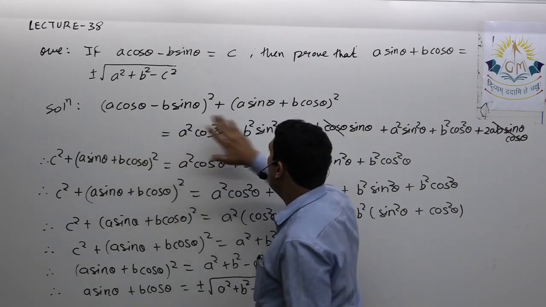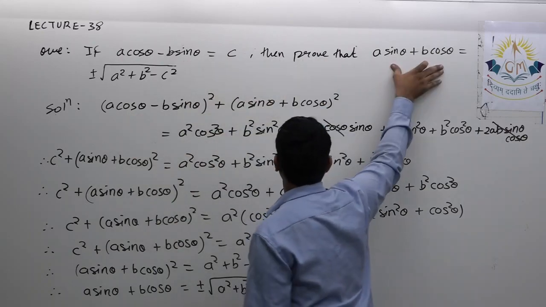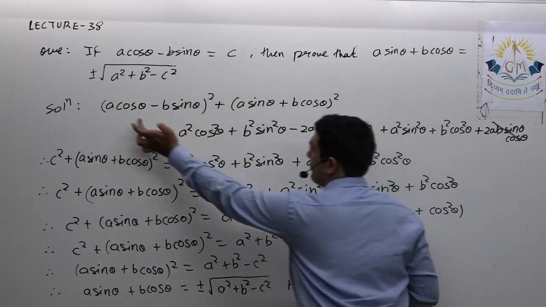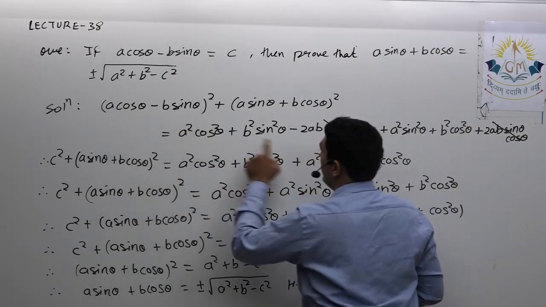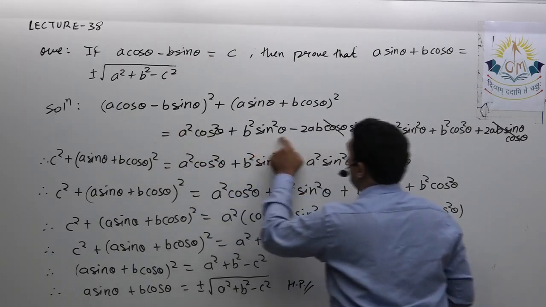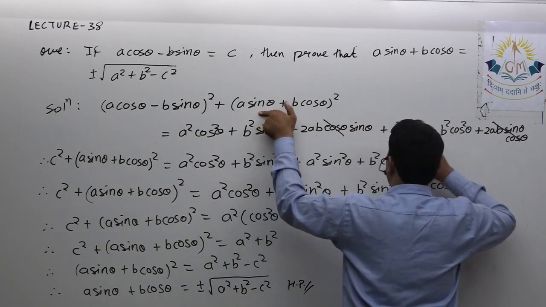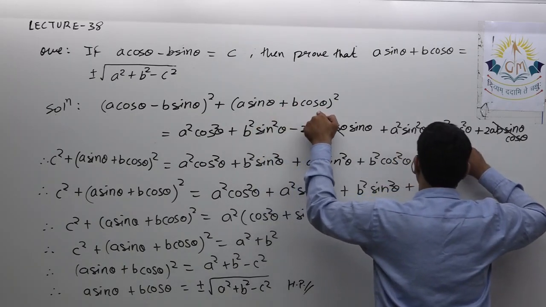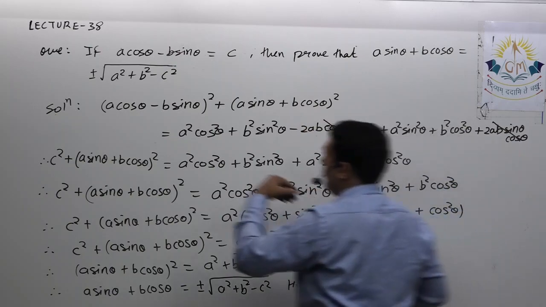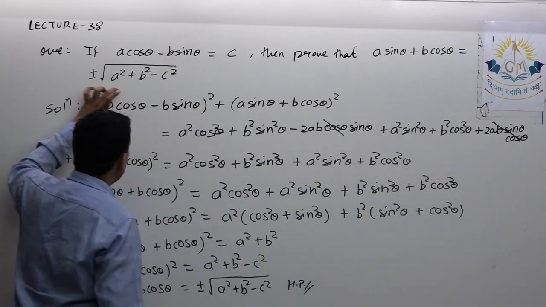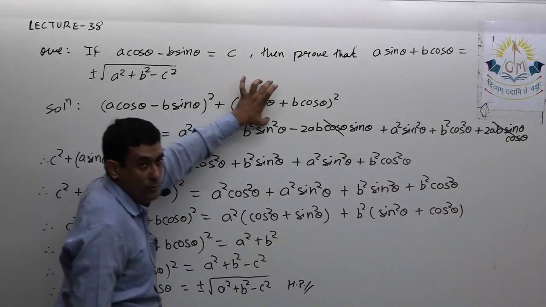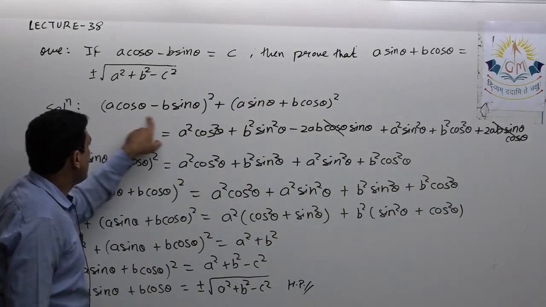Square of first term, square of this plus square of this. So I expanded this: a cos square theta plus b sin square theta minus 2ab cos theta sin theta. And when I expand this, I will get a sin square theta, b cos square theta plus 2ab. Now on the left hand side, I have square of this term plus the value of this term I have.